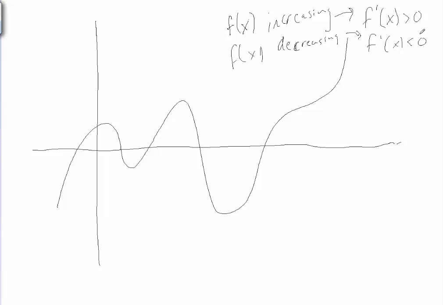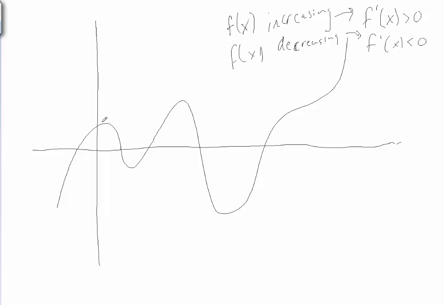Okay. So if we could take this function, find its derivative, in this interval here, the derivative would be positive. Here the derivative would be negative, positive, negative, and then positive. Okay.